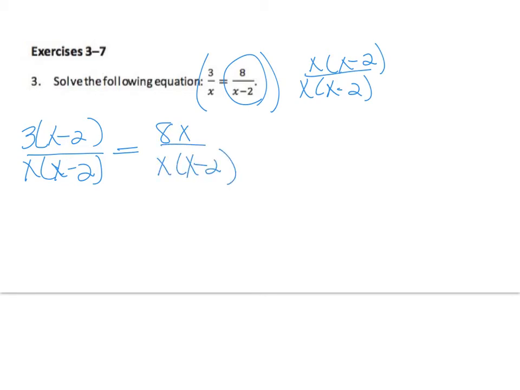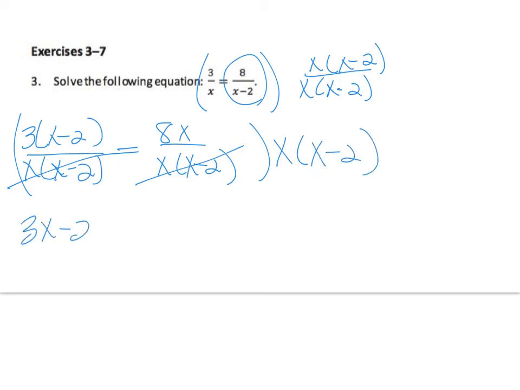Now that I have a common denominator, I can multiply through by that common denominator, which would divide them out. And I'm left with 3x minus 2 equals 8x. I forgot my parentheses. Let's solve now. So distribute. Subtract 3x from both sides.